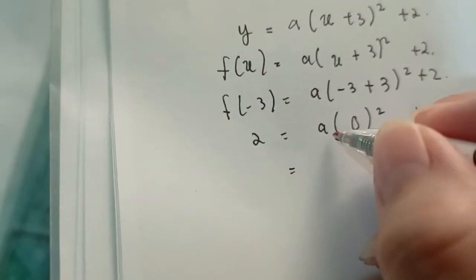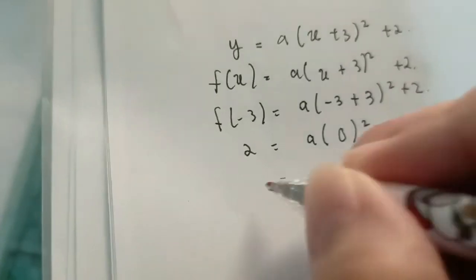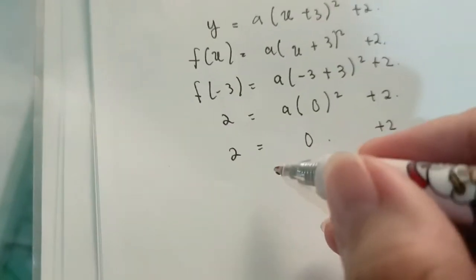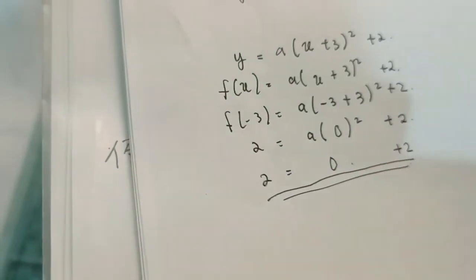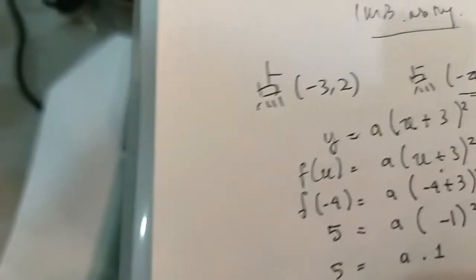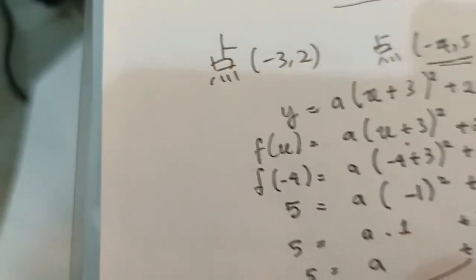So a multiply 0 is 0 already, plus 2. So we cannot find the a. Why? Because this is the vertex. That's why we are using another coordinate over here.